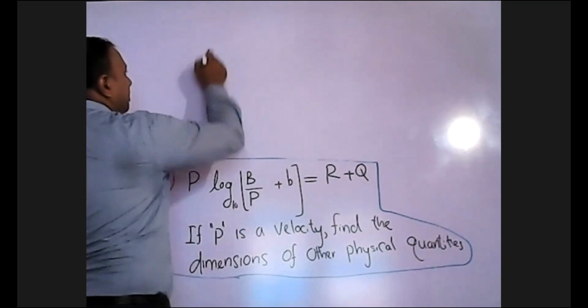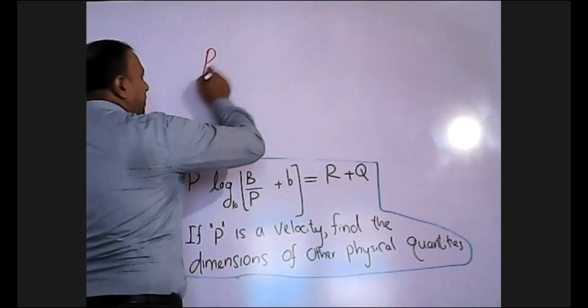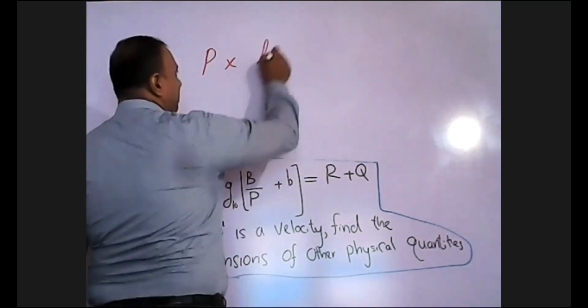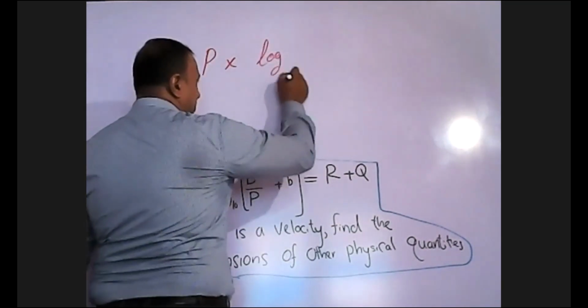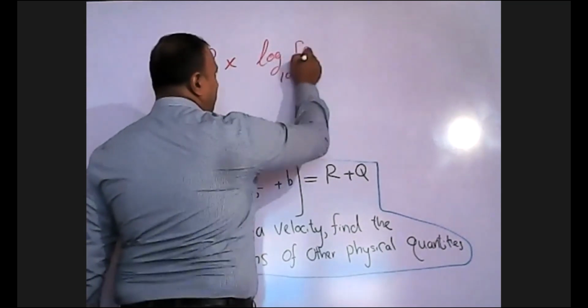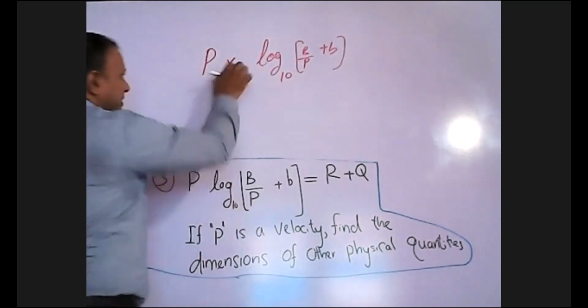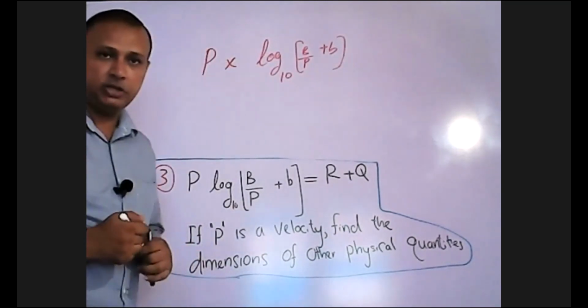Here we have P multiplied by a logarithm function, log of B over P plus B. There's a multiplication.